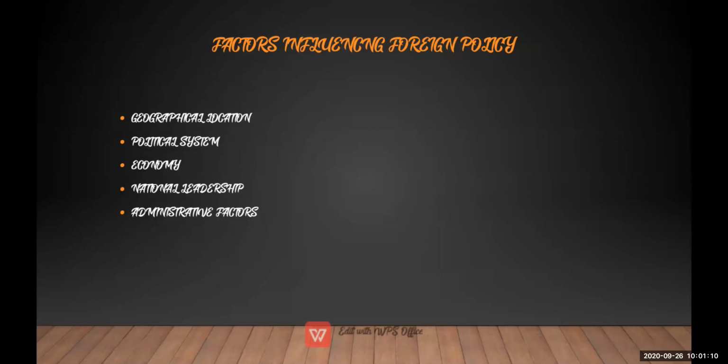Foreign policy is shaped on the basis of the need to establish economic relations with other countries in terms of import, export, and participation in world trade, which can strengthen the country.